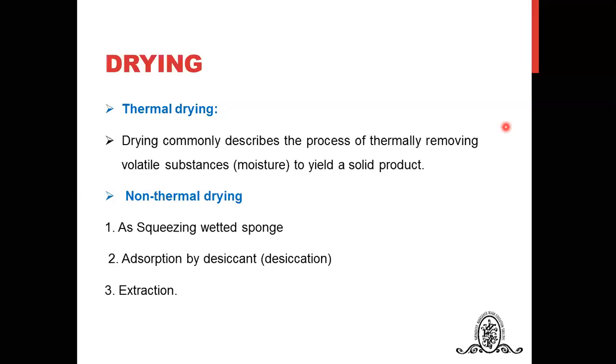If we put some material for drying into the desiccator, then adsorption takes place, and the moisture gets adsorbed on the adsorbent, and in this way the drying takes place. And the third method is extraction, means in this process we are extracting the moisture from the material.